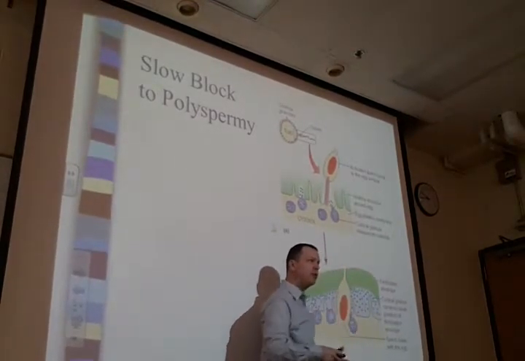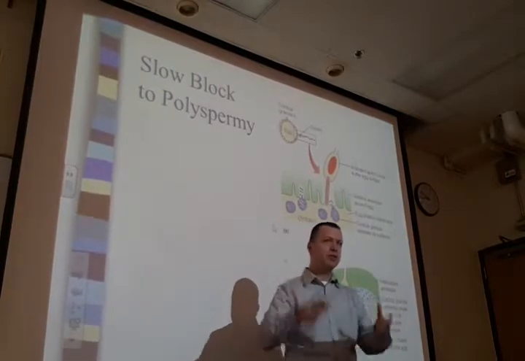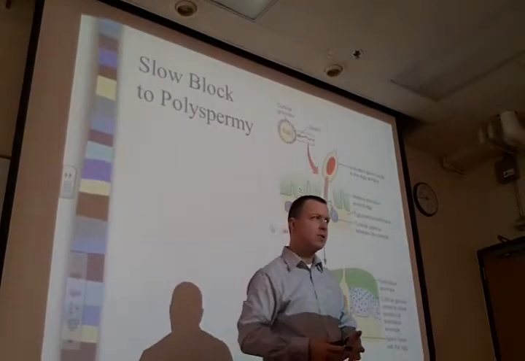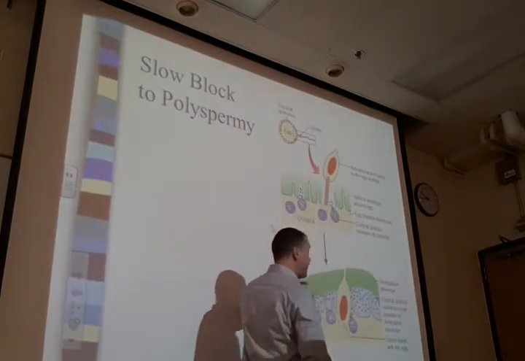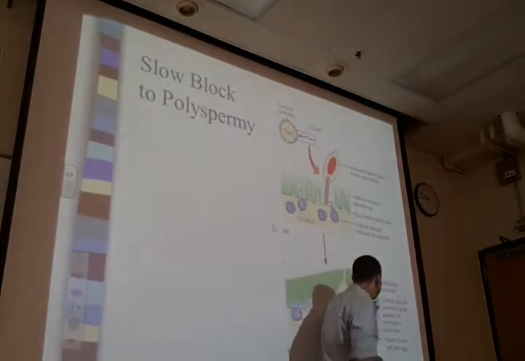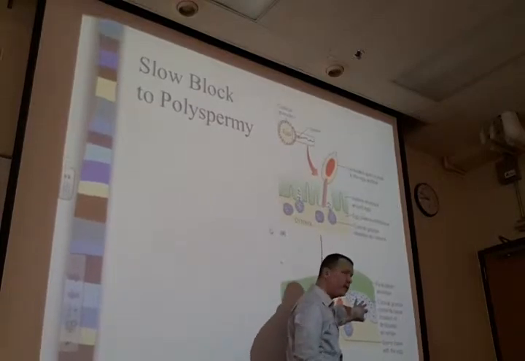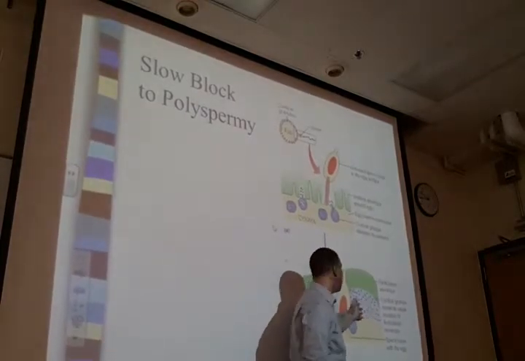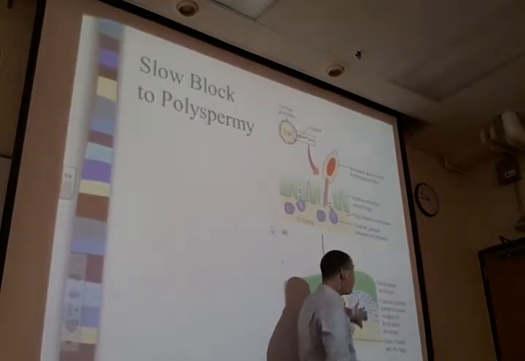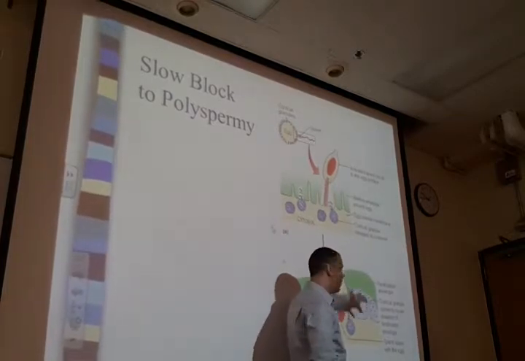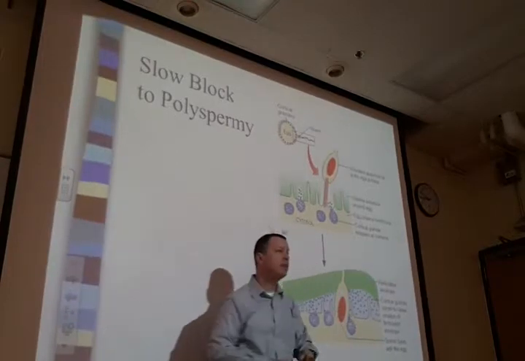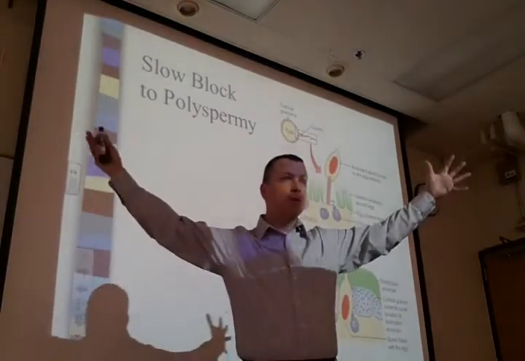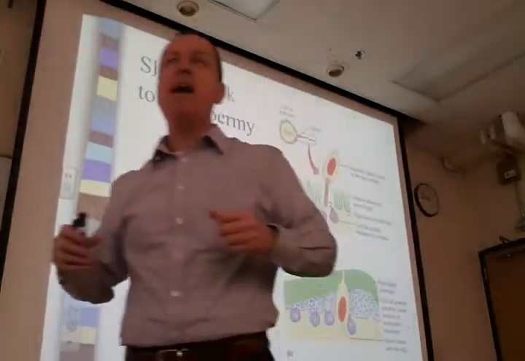What does water like to do when it encounters a large concentration of stuff? Yeah, it likes to flow towards that high concentration of stuff. And that's exactly what happens. By very dramatically, very quickly increasing the concentration of stuff right there, water rushes in. And what that water does is it essentially pushes the vitelline layer, the vitelline envelope, away from the egg.